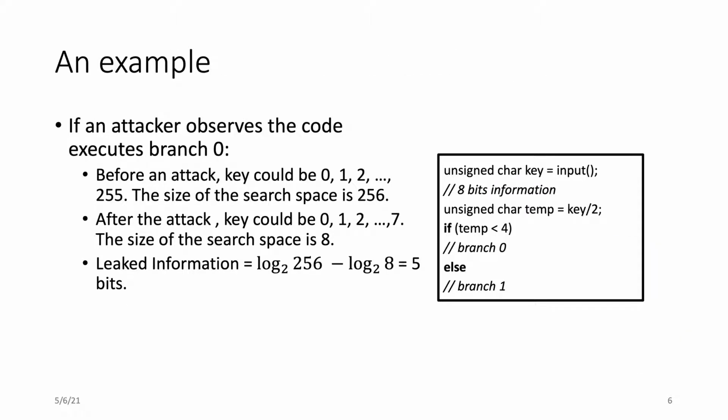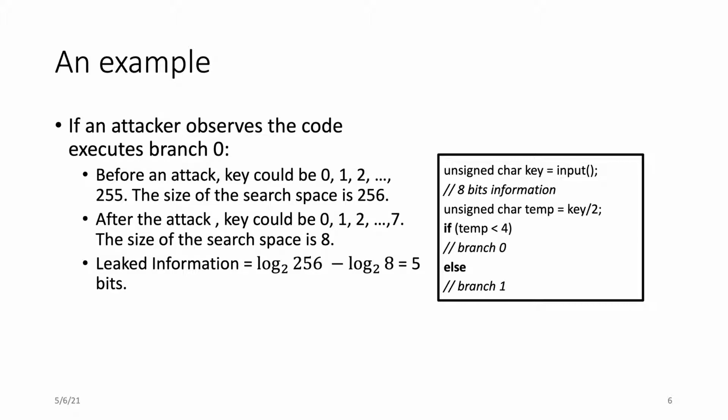Let's look at a concrete example. Before an attack, the key variable could be any value from 0 to 255, so the size of the initial search space is 256.